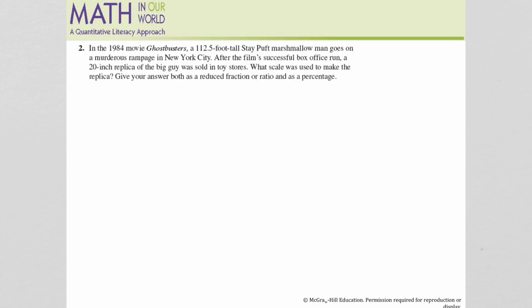Okay, so we have 112.5 feet for the actual Stay Puft Marshmallow Man. And we know, the first thing we need to do is change this to inches, okay, because we're going down to a smaller size. So we know that 1 foot is 12 inches.